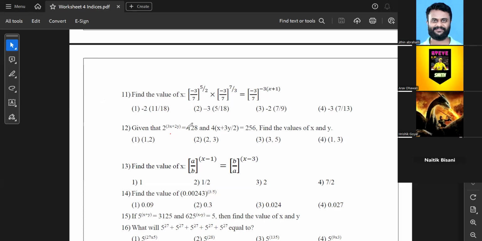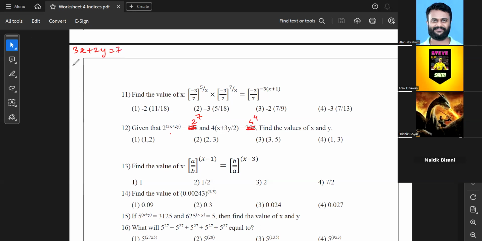So 3x. Okay. Here 128 can be written as 2 raised to 7. I'll write this as 2 raised to 7. I'll write this as 2 raised to 8. Or maybe 4 raised to 4, 256. So that gives me the first equation as 3x plus 2y is equal to 7.